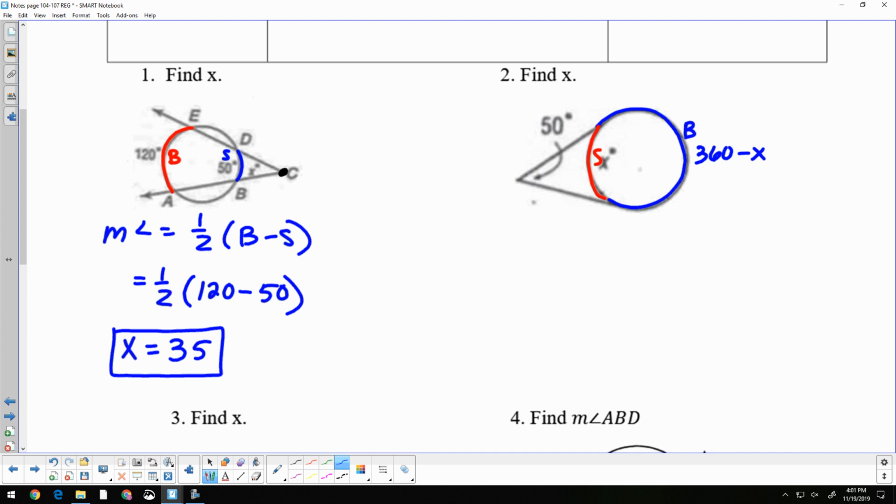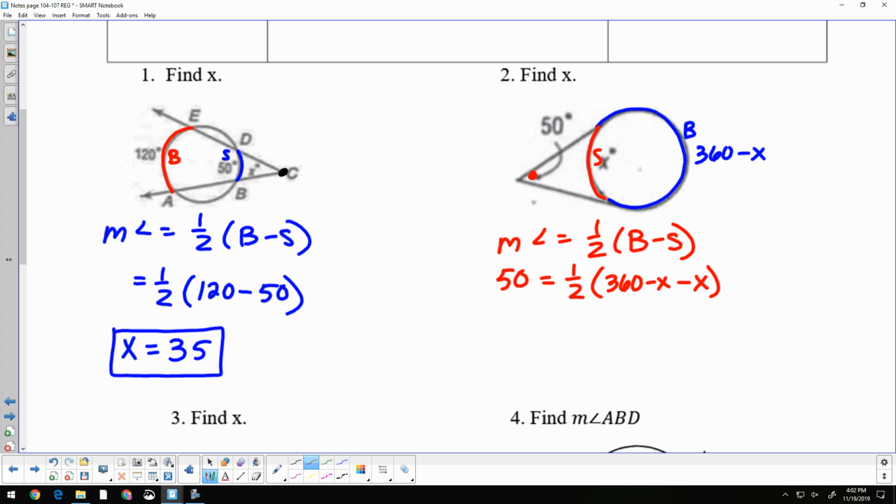And now I'm going to set up my equation. So in this case, our equation is angle is equal to half of big minus small. My angle I have is 50, my big arc is 360 minus x, and then I'm going to subtract the small arc, so subtract x. So I know this equation looks kind of complicated. It's not terrible.